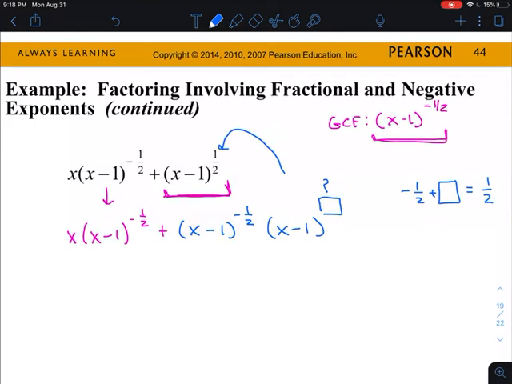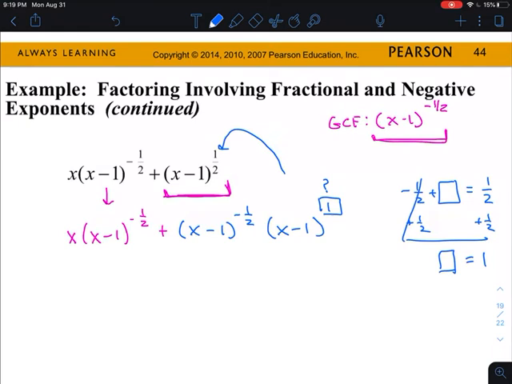Well, if I solve to figure out what has to go in that box, I would add 1/2 to the other side. So that box, also known as what could have been a variable, has to equal 1. So this little box is going to have an exponent of 1. If I have the same base and I add the exponents, I get that positive 1/2 exponent.